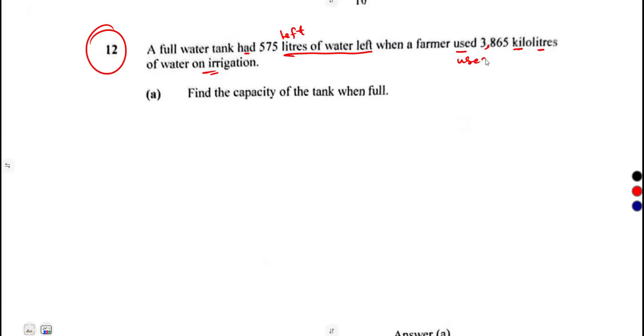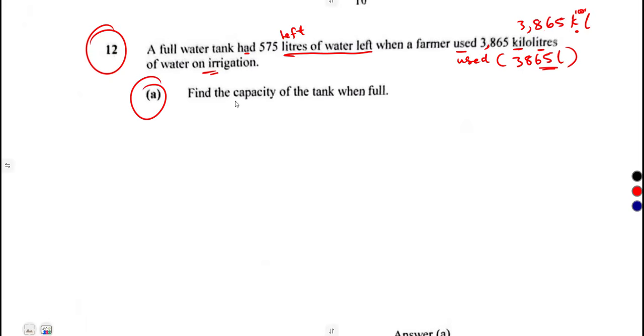So the amount of water that was used, 3,865 kiloliters. Kilo, that's 1,000. So multiply by 1,000, that's going to be 3,865 liters.